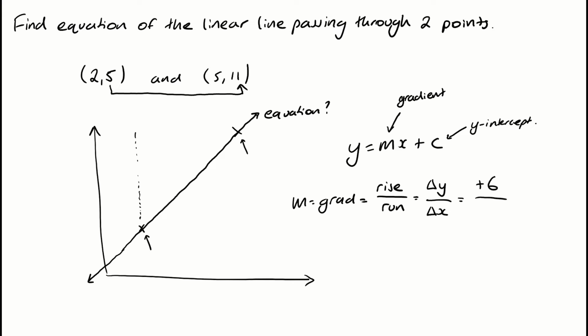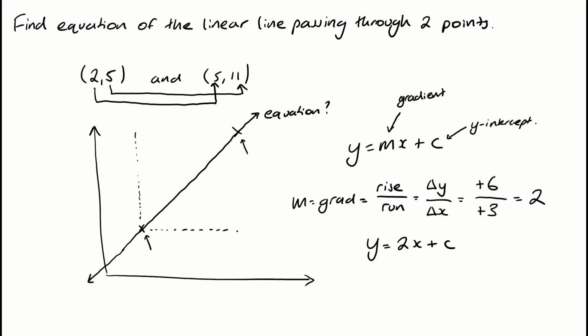How far have I come in my x-axis? Well, I've gone from 2 to 5. So I've gone positive 3. Okay, so I've got a positive distance along my x-axis, which we see coming along here. Okay, so my gradient would have to be 6 divided by 3, which is 2. So I now know that the equation of this linear line is y equals 2x plus c.